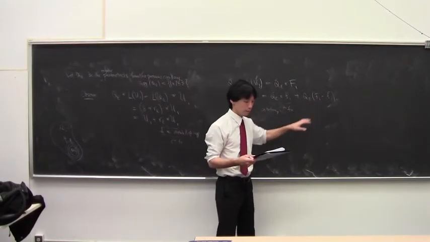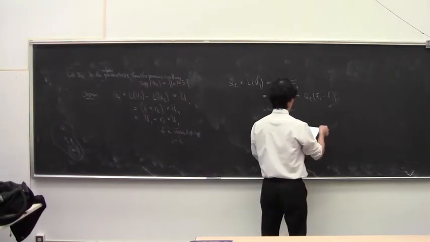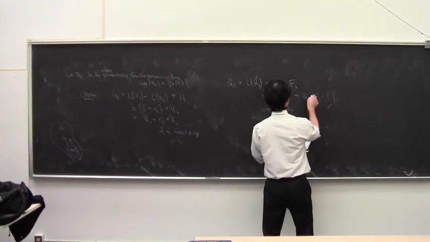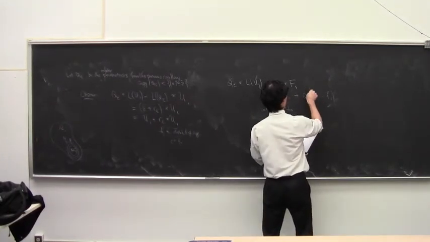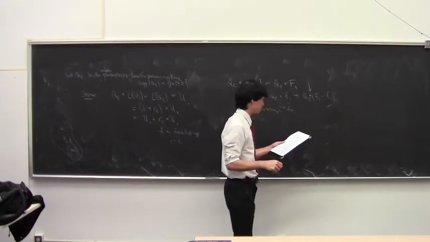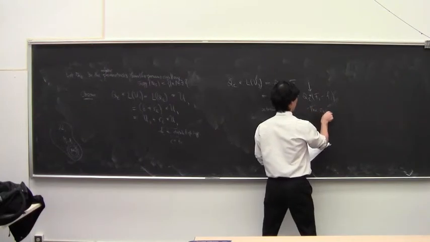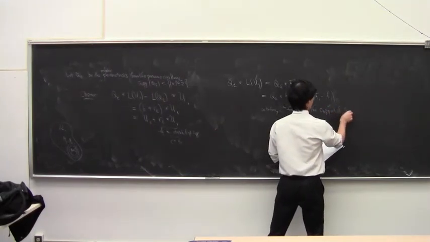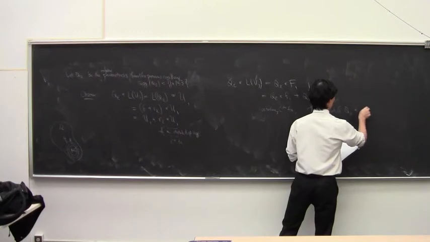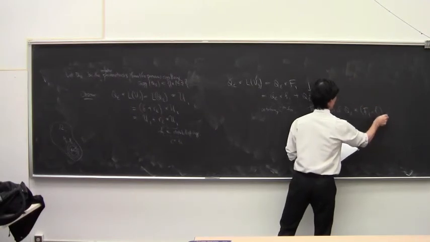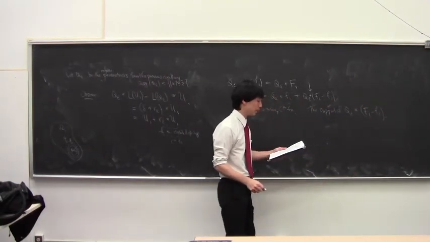And then you notice that, sorry, there should be a convolution here. The support of Q epsilon convolved with capital F1 minus lowercase f1.